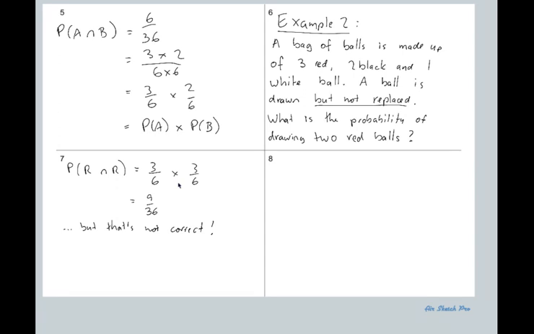Okay, so even though I've correctly articulated that there is a 3 on 6 chance of pulling out the red ball, on the second stage, my probability has changed. Because once I've pulled out a red ball, the chance of me pulling out a red ball again from the sack has changed.